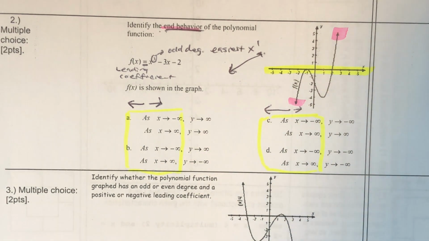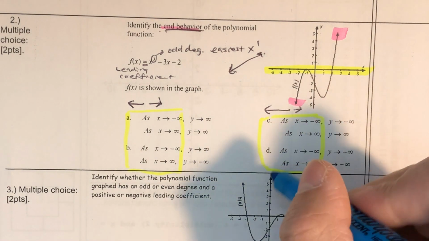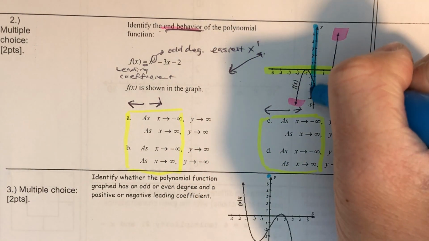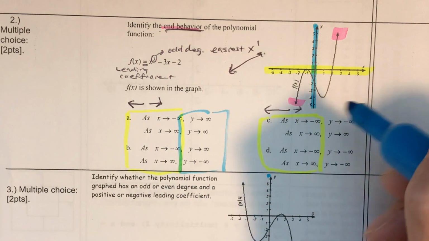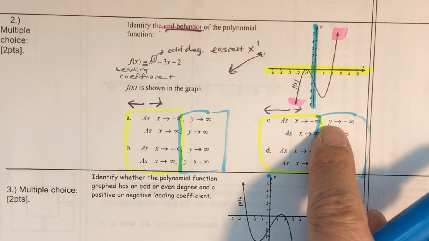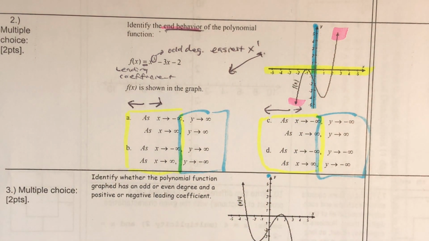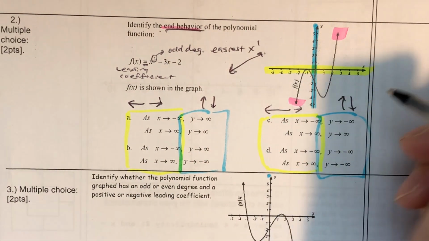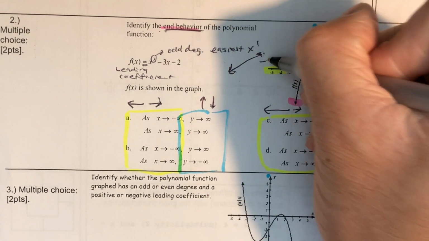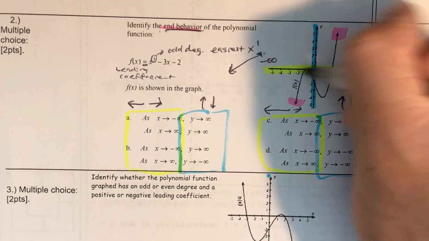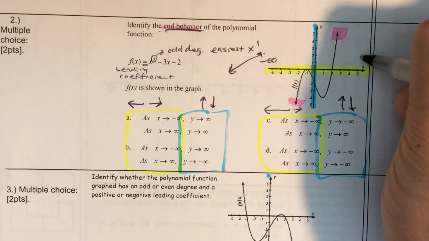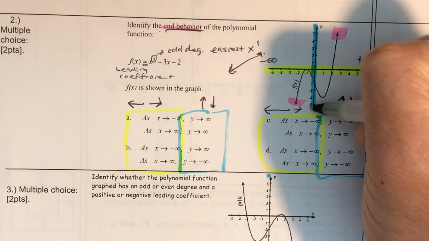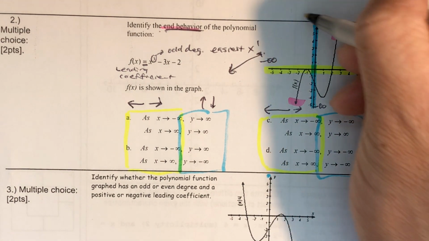And then let's see if I have another color. The y-axis is what's happening over here. Sometimes they call that the f of x. In this case, they had a y. And in blue, that's just figuring out if it goes up or down. And if you need help, you can write the negative numbers on the x-axis, and positive numbers over here, negative numbers, you can see -5, positive numbers.